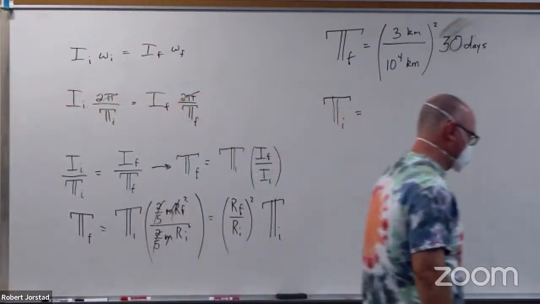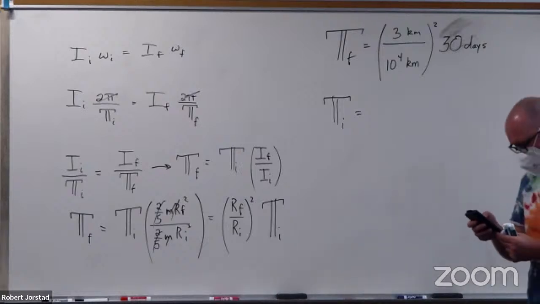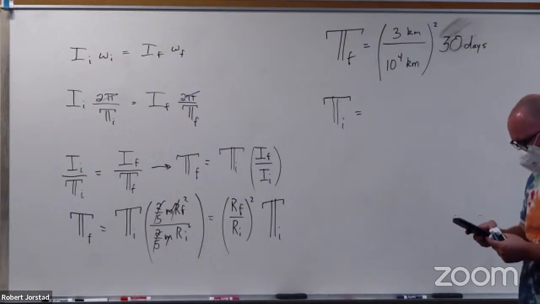Gonna get my calculator out. Three divided by 1 EE 4, square that, times 30. Then I'm going to mode scientific.